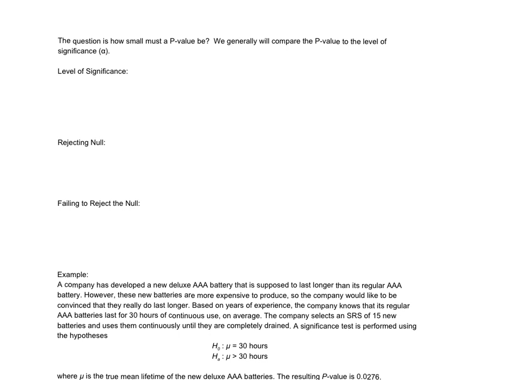The level of significance is going to be the maximum chance to reject the claim incorrectly. So this is the maximum chance we're going to allot for that. So if it's 0.05, that means 5% chance. And so our p-value has to be smaller than this value to reject the claim.